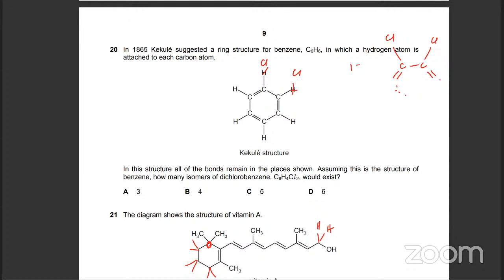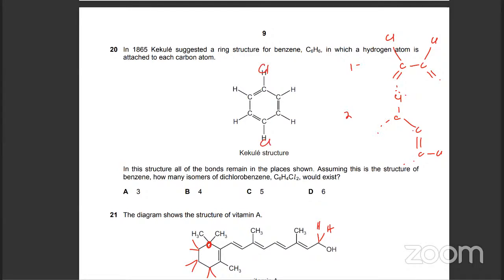Second would be the Cls slightly further away from each other. So that's number 2. The Cls are kind of really far away from each other, with the rest of the molecule. The third one is the Cls opposite to each other.